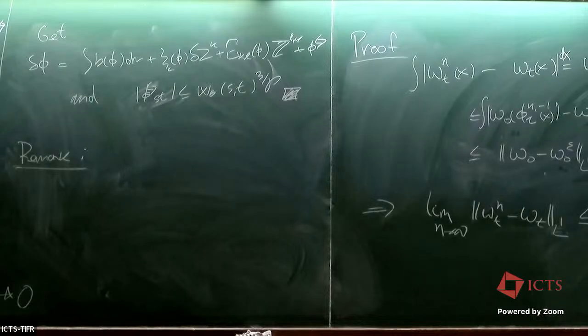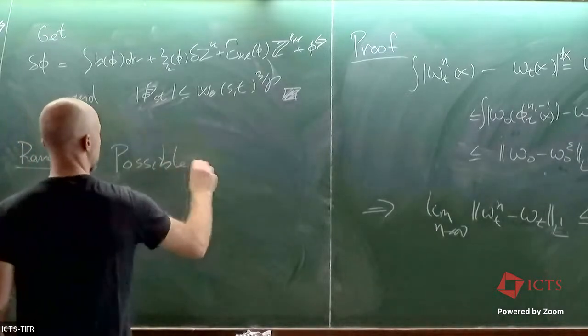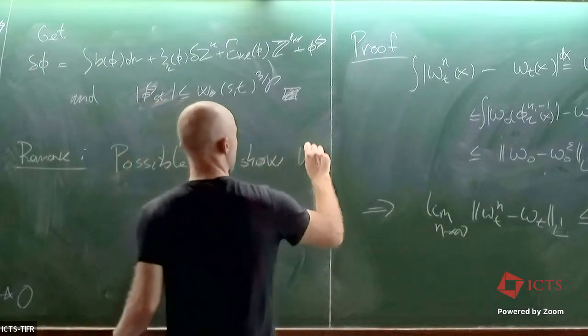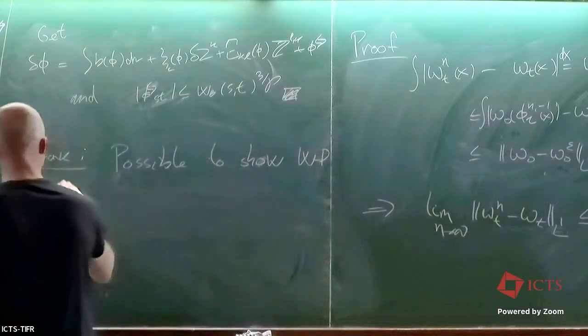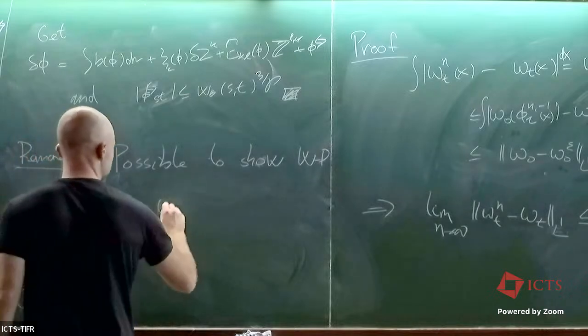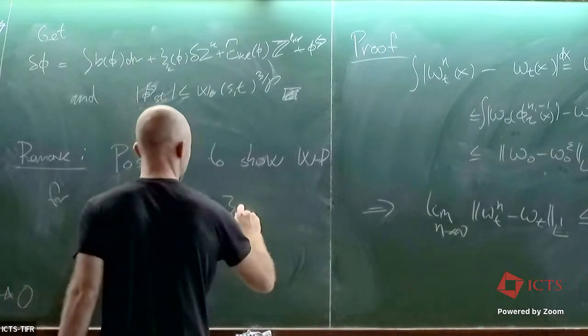But somehow it's not very satisfactory. You kind of want to have an Eulerian formulation. So it's possible to show well-posedness for the Eulerian formulation in vorticity form.